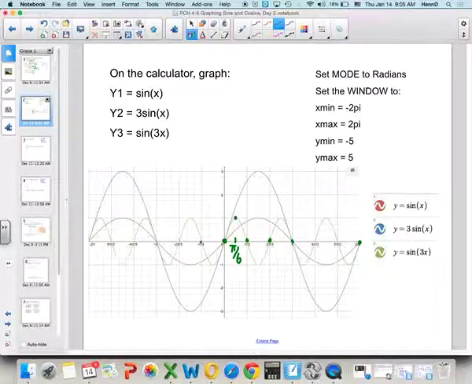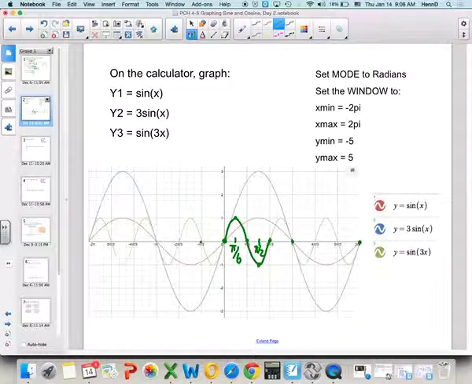That is 3 pi over 6: 1 pi over 6, 2 pi over 6, 3 pi over 6, which is pi over 2. So that's going to be where my lowest point is. And then I can sketch my curve. Alright? That make sense? Okay, good.